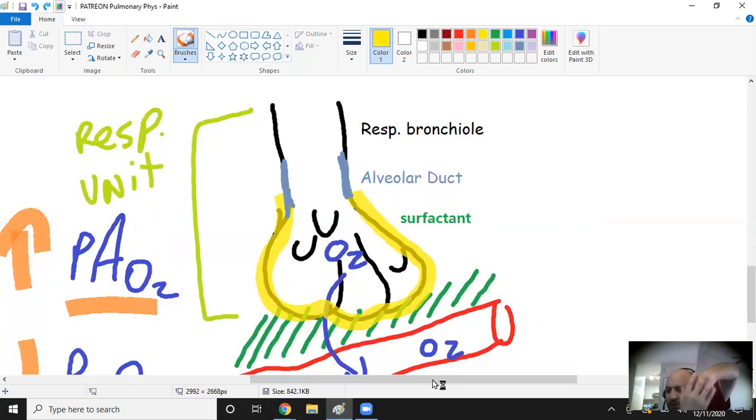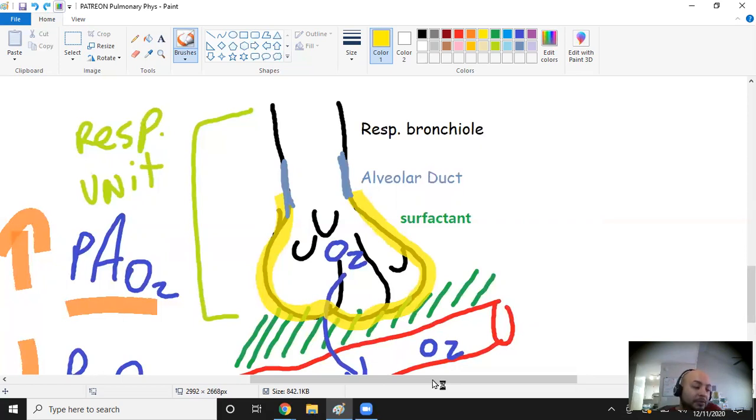It'll be very difficult because all this oil makes it very slippery. So my fist represents the alveoli, and my hand trying to grab it represents atmospheric pressure. Atmospheric pressure is always trying to compress and collapse the alveoli. Surfactant doesn't allow that to happen, which is a good thing. So surfactant allows for compliance to ensue.